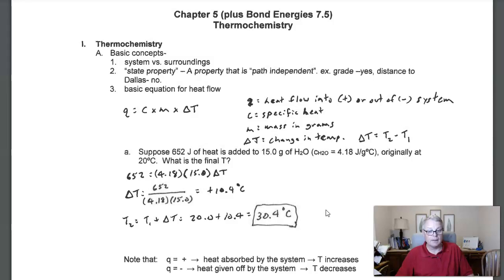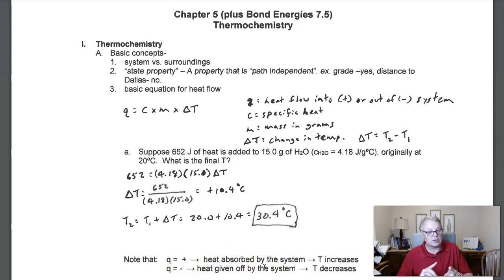All right, again, notice that if Q is positive, then that means the system is absorbing heat. It's taking in heat. If the system's taking in heat, that makes the molecules move faster, so therefore my temperature is going to increase. If Q is negative, then that means the system is giving off heat.